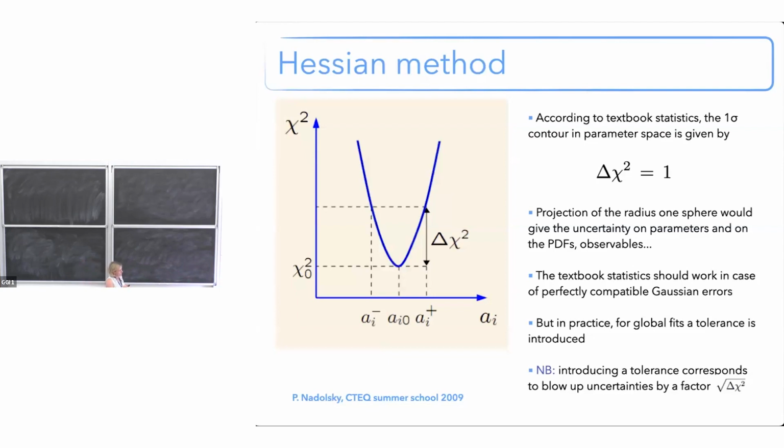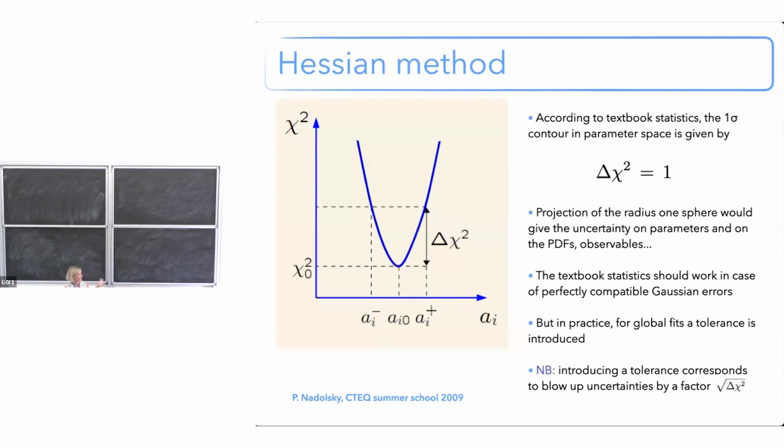Clearly here there is a controversy that has been debated for 20 years, since I remember, and it's not a trivial one. This is textbook statistics, and it is done only by the ABM group, because they say we only fit a few data sets because we want to use textbook statistics.